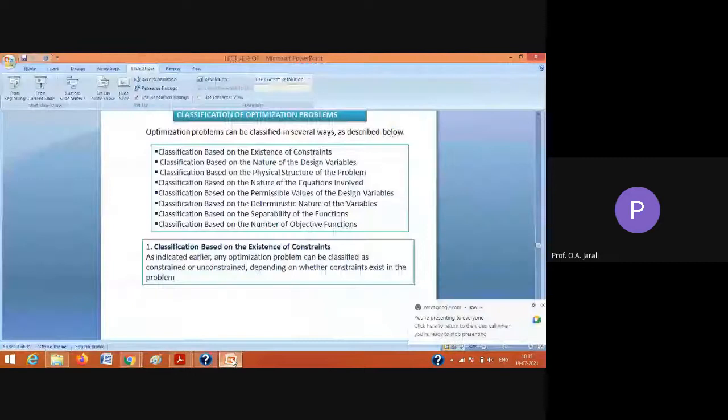Optimization problems can be classified in several ways as described.